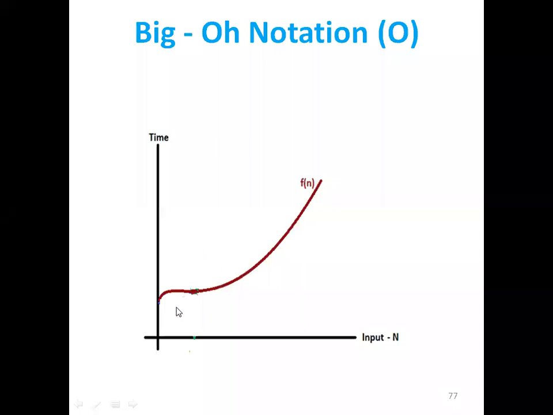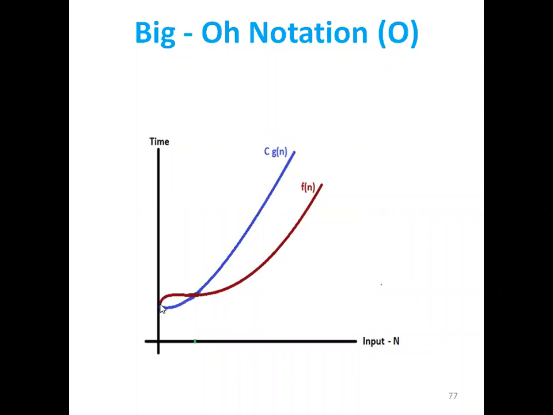This is in graphical format. This is the graph for the function, and this is a graph for the big OH. This is the big OH. Okay, this is the expected.